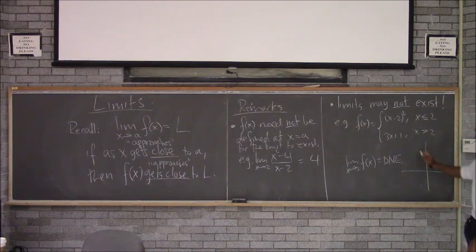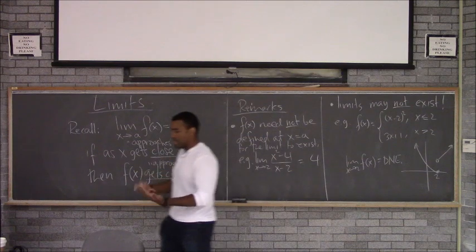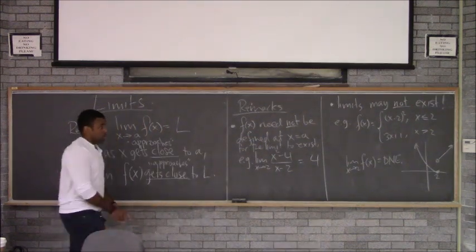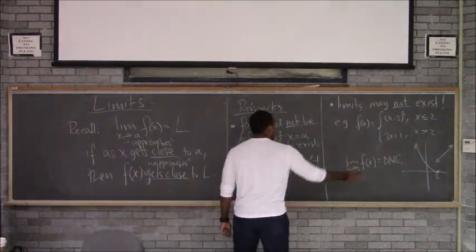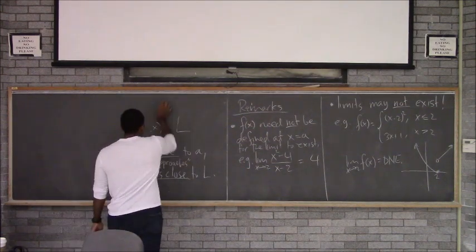And that was because the function kind of looked like that. As you approach 2 from this side, the y value was approaching 0. As you approach 2 from that side, the y value was approaching 7. So I couldn't make the statement that there was some y value that we're approaching because it depends on the situation. So a limit may not exist in that situation when you have competing y values.